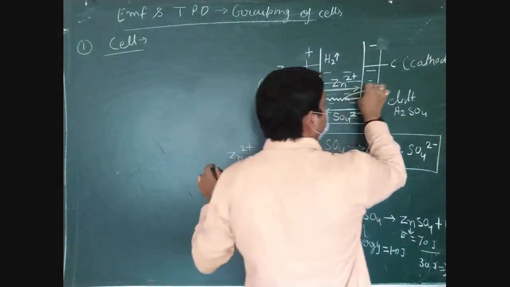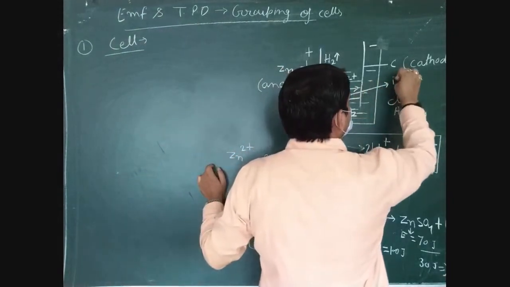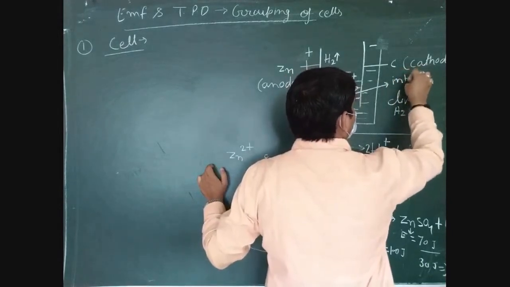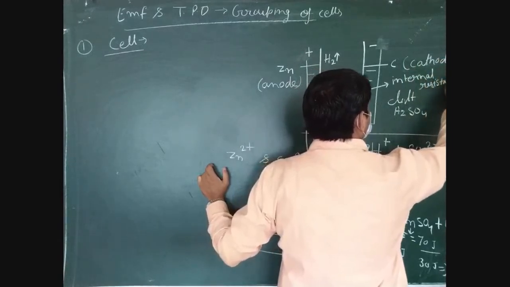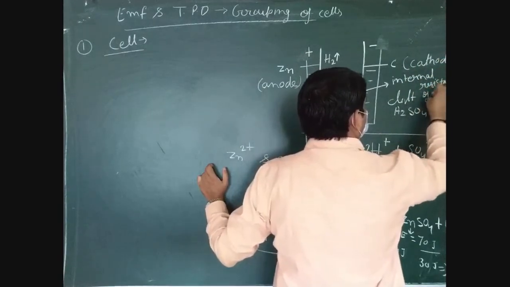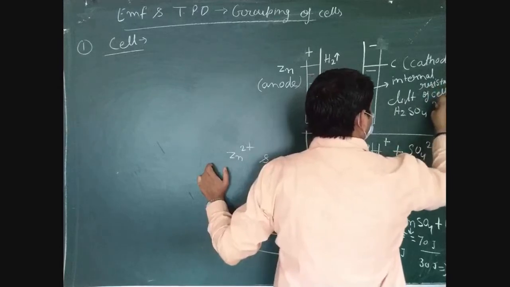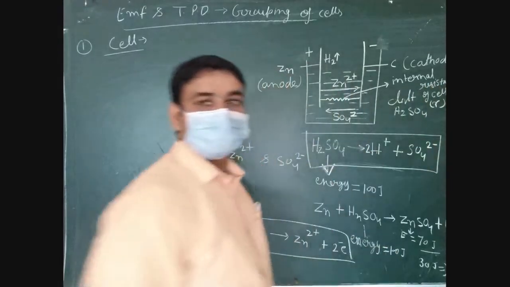This bridge is known as the internal resistance of the cell, denoted by small r.